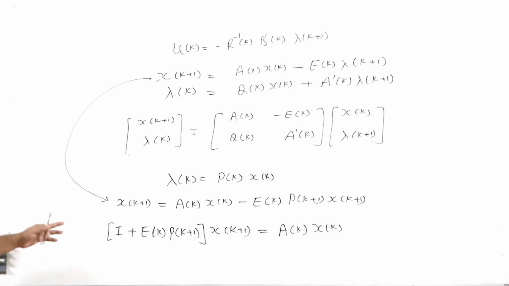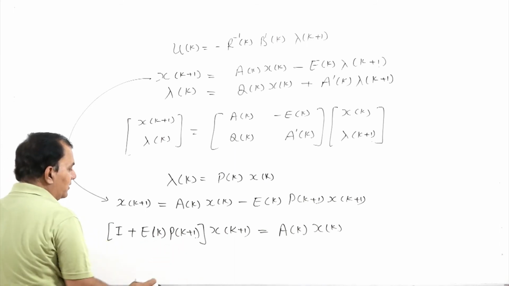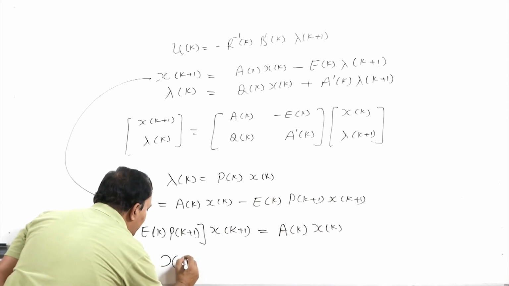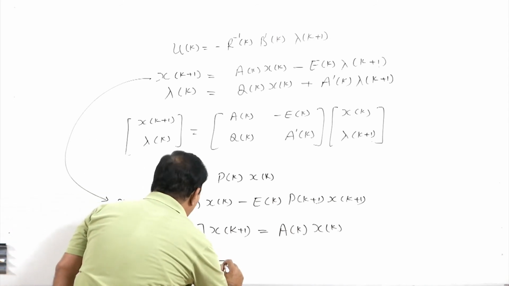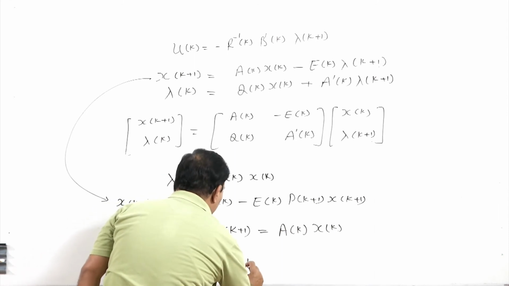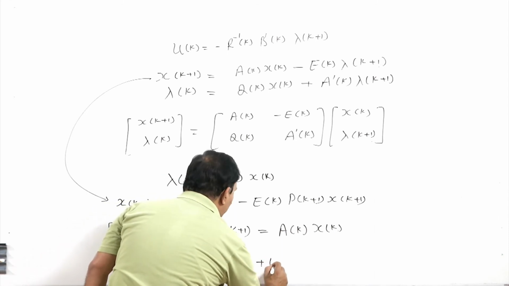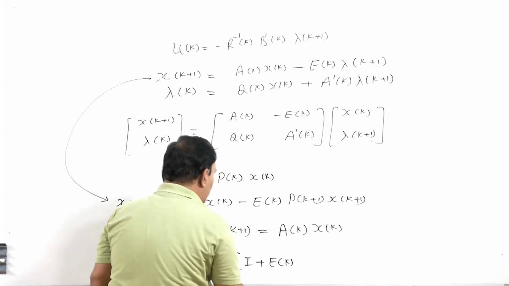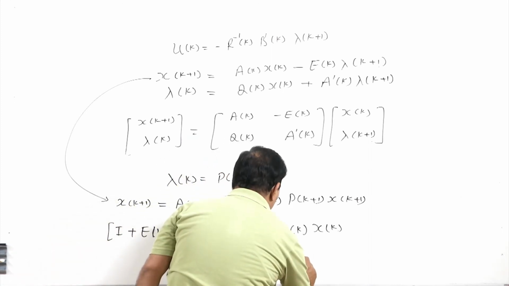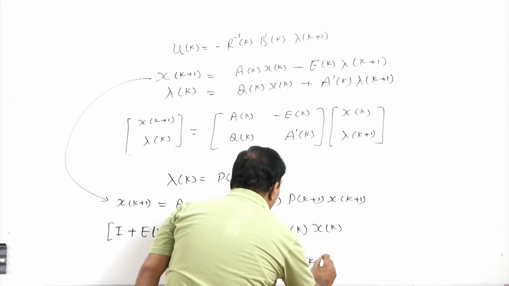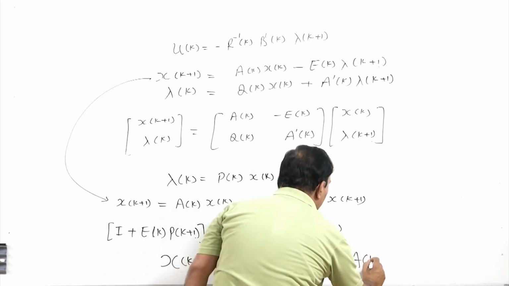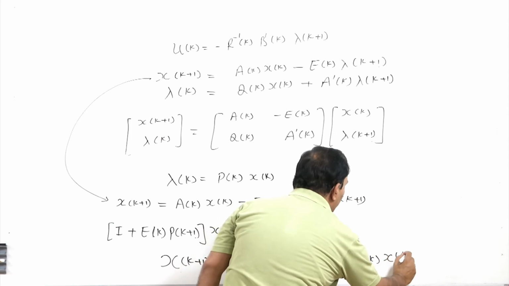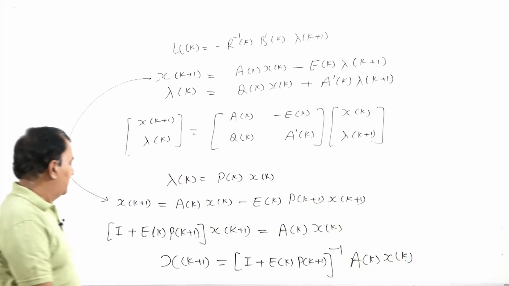So, if I pre-multiply with the inverse of this, I can write simply my x k plus 1 as I plus E k P k plus 1 inverse A k x k.